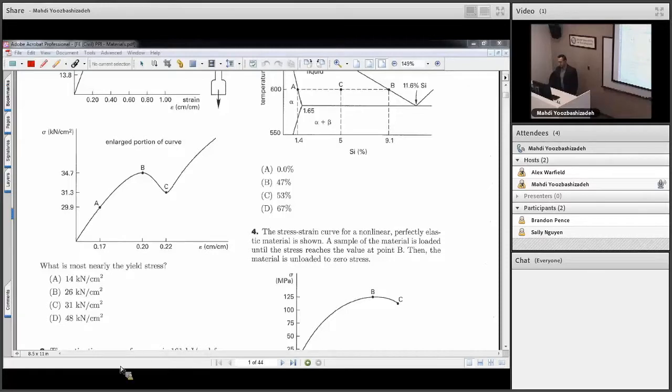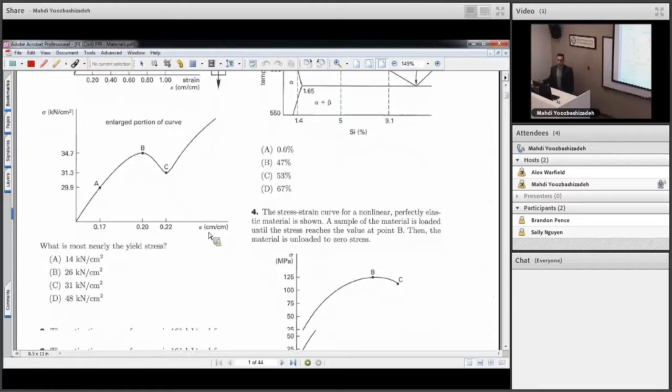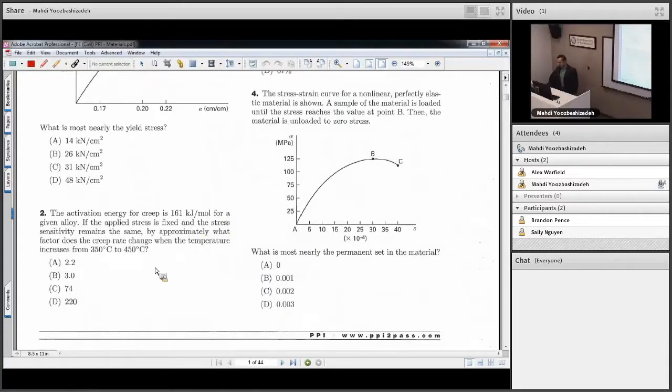So in these problems, what is very common is that you have to understand when it's elastic, when it changes to plastic, and also you have to focus to see if you have some unreasonable behavior, how we can take care of that. So at the end of this lecture, when we come back, we will see how we can take care of this problem. So I'm just going to scan the problem, give you an understanding of what kind of problems you might see. Then we're going to solve it at the end of the lecture when we understand everything during the class time.